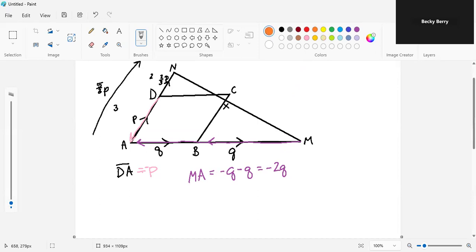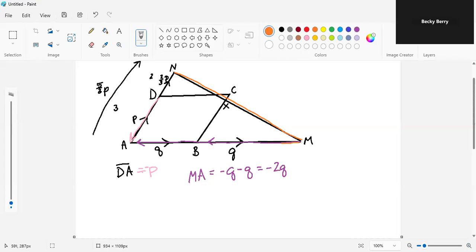What about MN? How do we get from M to N when we don't have any vectors along this orange line? Well, let's go the other way around.